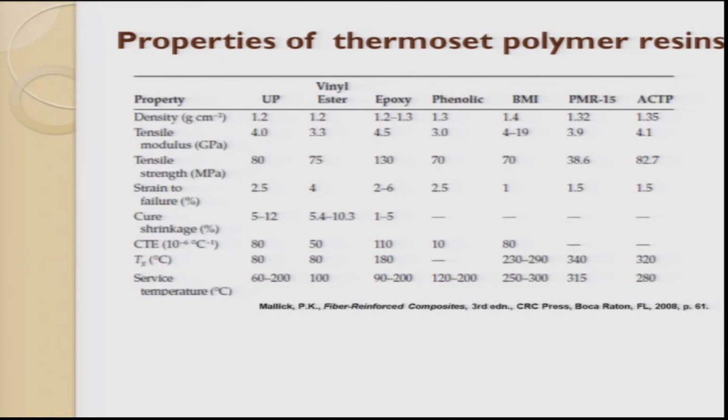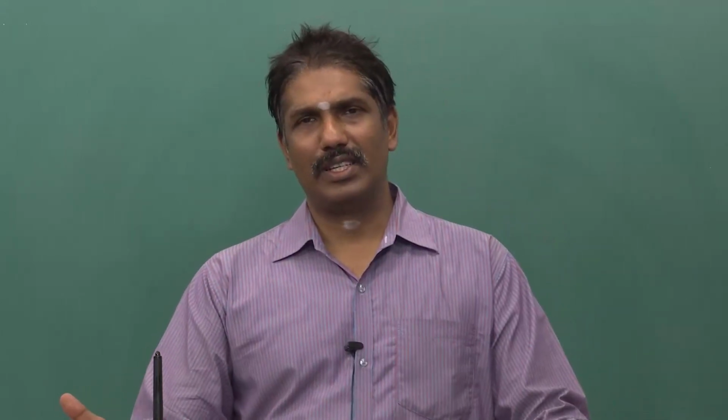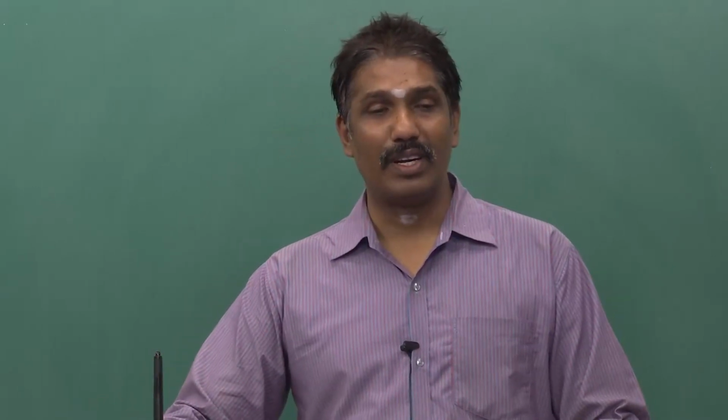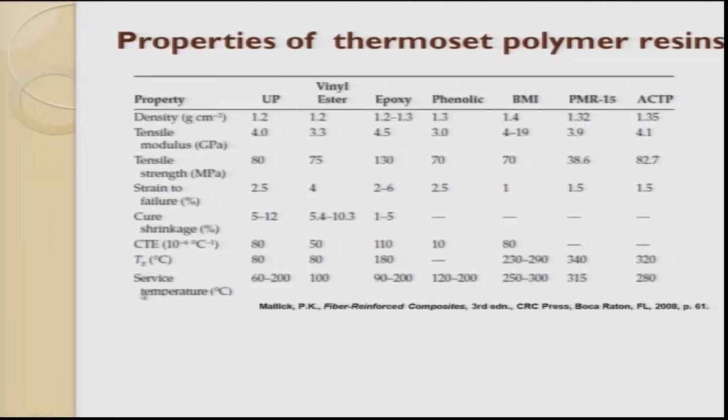For example, if you keep a polymer chair for a longer time in the garden, you can see the chair fails over a period of time. That's because of degradation. So service temperature helps us decide which polymer to choose and what the advantages of it are.